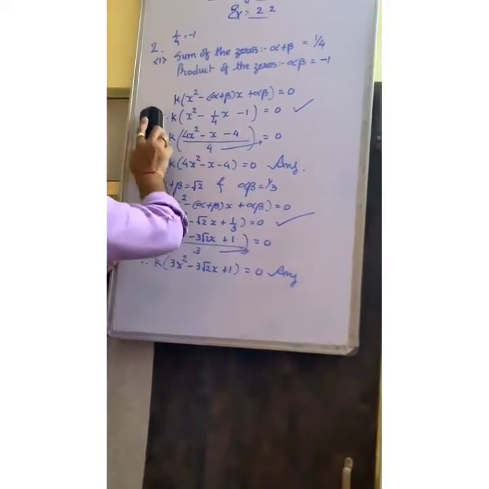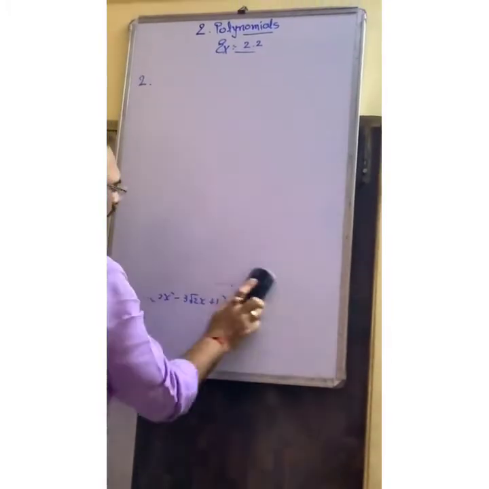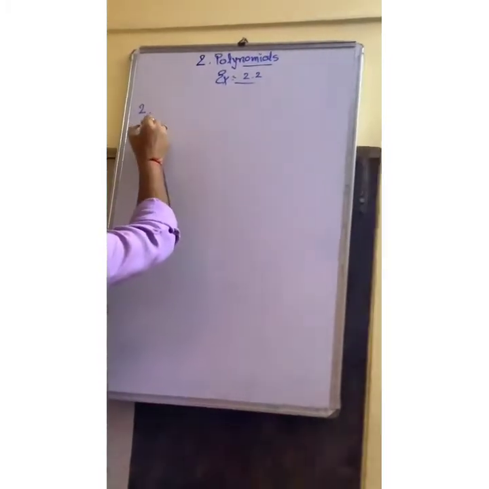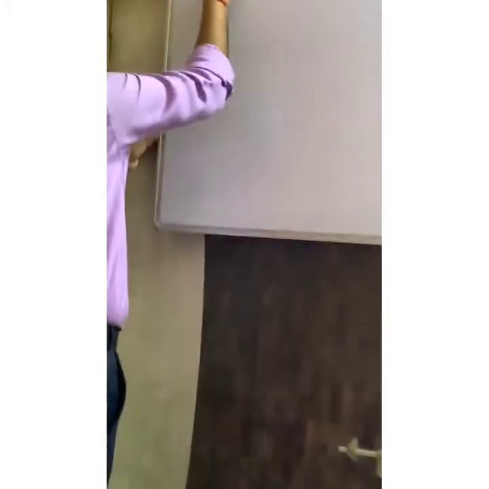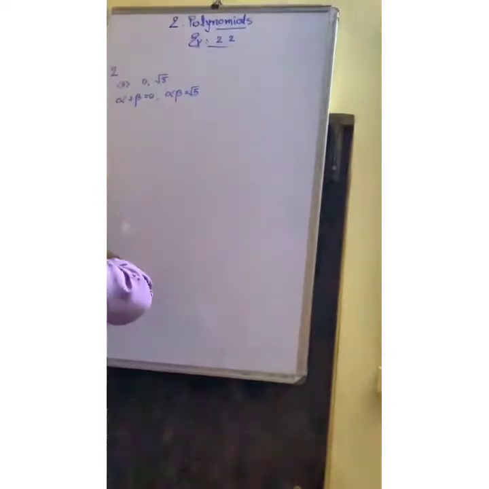Again, number 3. 0 and root 5. That means alpha plus beta is 0. Alpha beta is root 5.